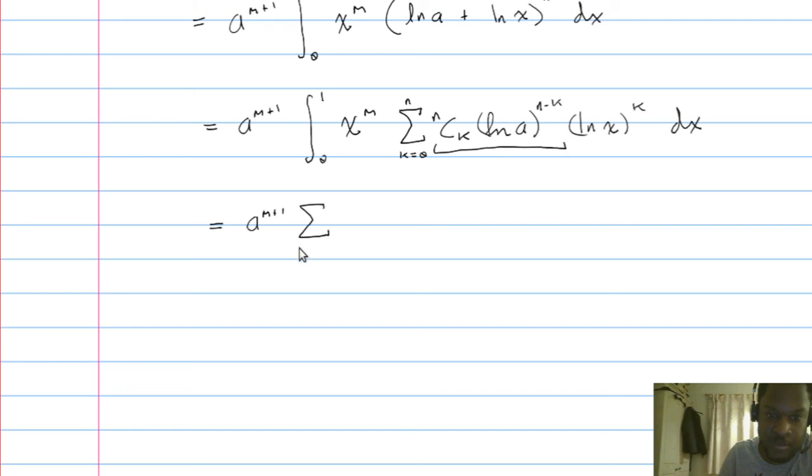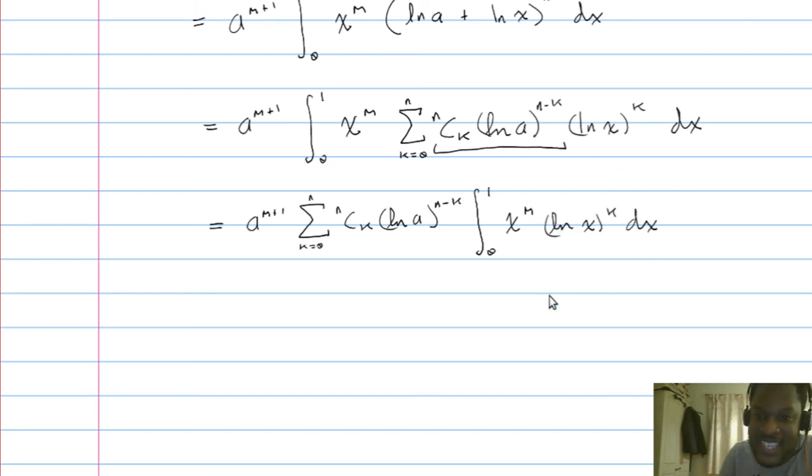So we sum from k equals 0 up to n, and we take out that n choose k, and we take out the natural logarithm of a to the n minus k, and then we integrate from 0 to 1 x to the m, the natural logarithm of x to the k, with respect to x.